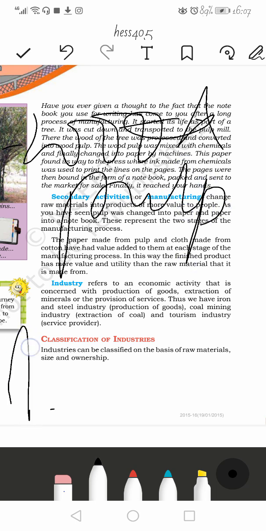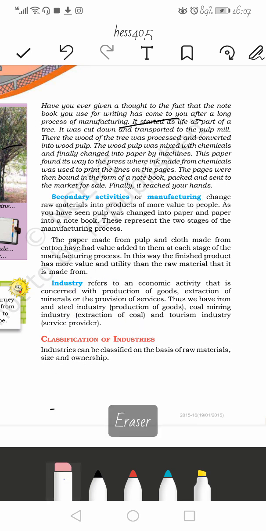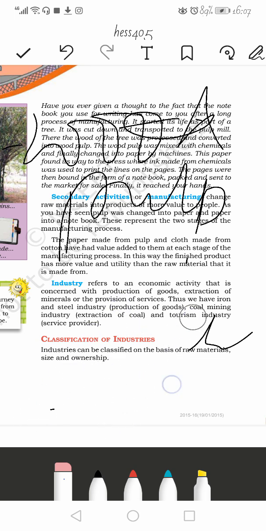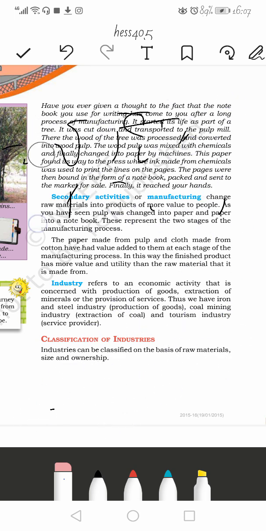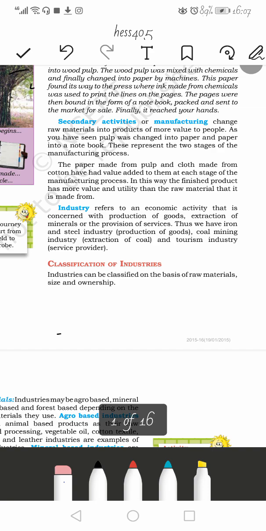But if you give them paper instead, paper will have much more utility, as you use paper on a daily basis. But you can't use wood pulp for writing in your notebook or something like that, right? So that's why the finished product has more utility. That's why people are changing something into the finished product.